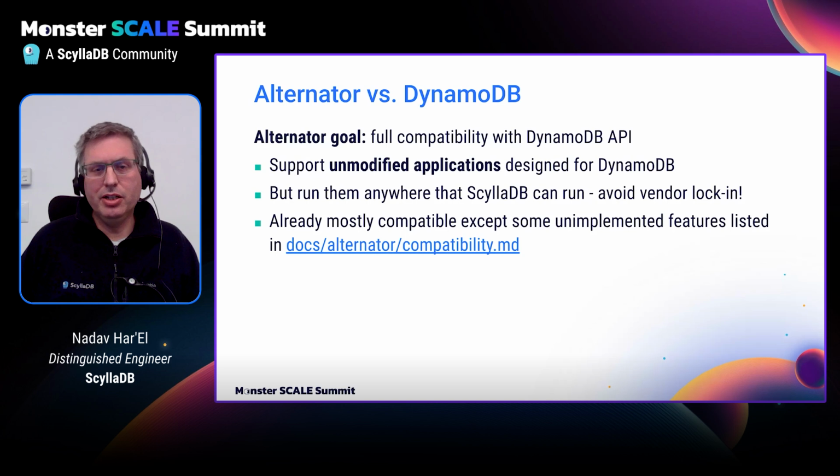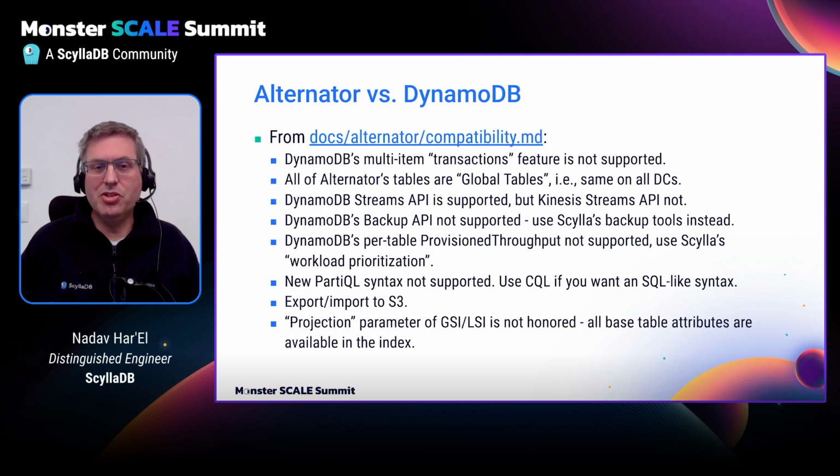We already achieved that mostly everything is compatible, but there are some unimplemented features which we listed in this document you can find on the website. And this is just an excerpt from it. For example, you can see that Alternator does support single item transactions, but the newer multi-item transactions feature, for example, is not supported.